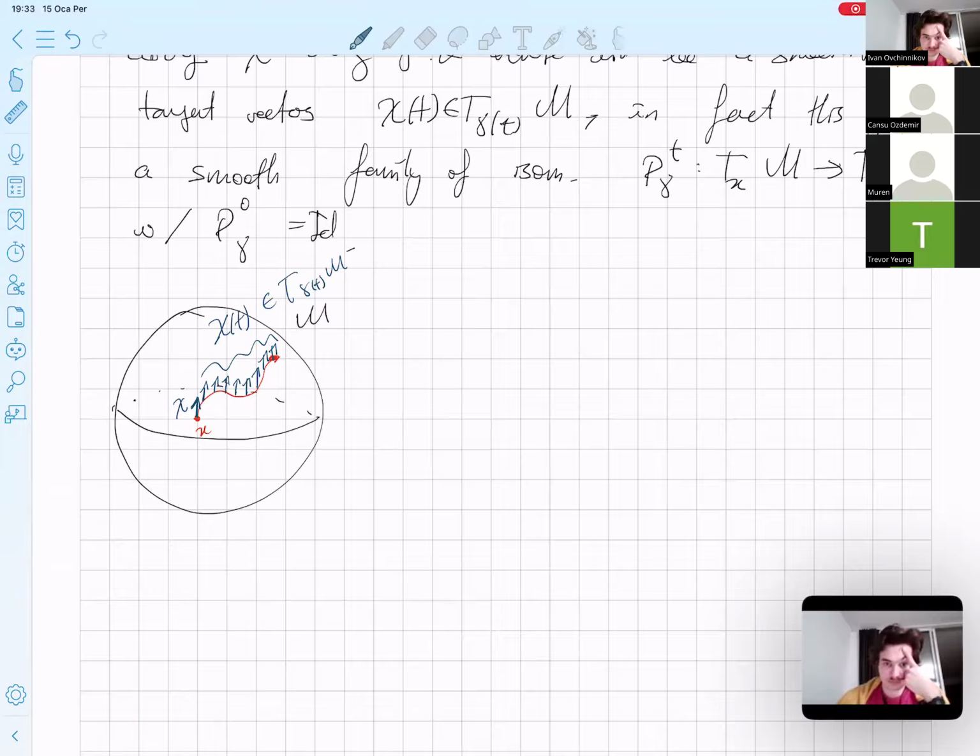These are vector spaces, and we can do this for every X in them. So instead of writing for one singular vector that we chose, let's write the general isomorphism between these vector spaces, and we call them P gamma t's.